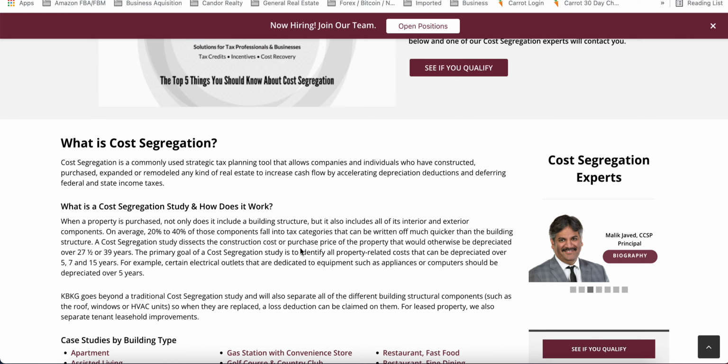You'd want to talk to the actual cost segregation firm to see if it makes financial sense. But because the cost of a study depends on how many buildings and the size, and can be as low as even $5,000, the tax benefits can be well worth that cost. So you want to talk to your CPA and your cost segregation team prior to doing it, just to make sure it makes sense. But you can use these for smaller assets as well.